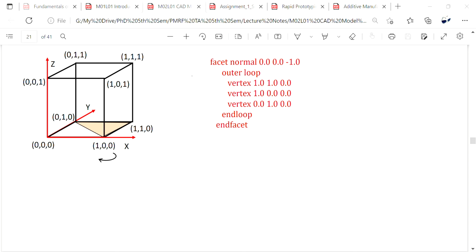Okay, this is the center of the first triangle, and this is the outward normal for this.